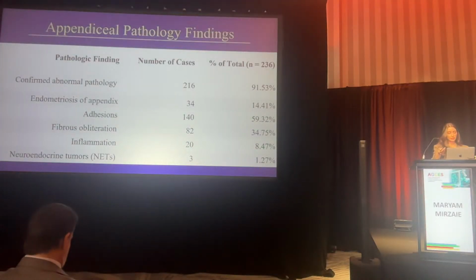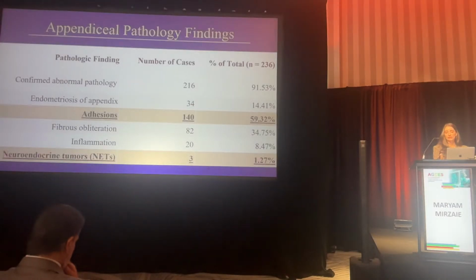On the screen, these are the categories of the pathology. Our most common one was adhesions at around 60%. One of our most notable findings was that there were 3 cases with neuroendocrine tumors, and one of them was malignant.